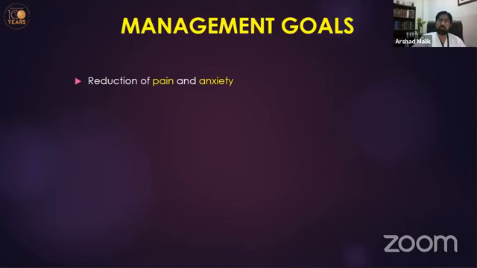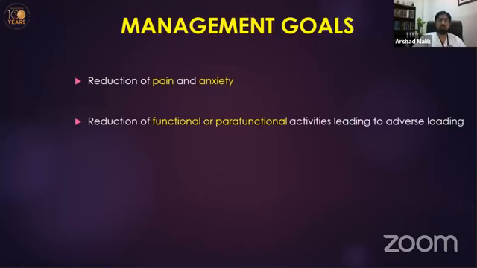For that purpose, the first thing is you have to control the pain. If you are not able to control the pain or the anxiety, that means the goal of the management is not achieved. Now the second goal is reduction of the functional or parafunctional activities.